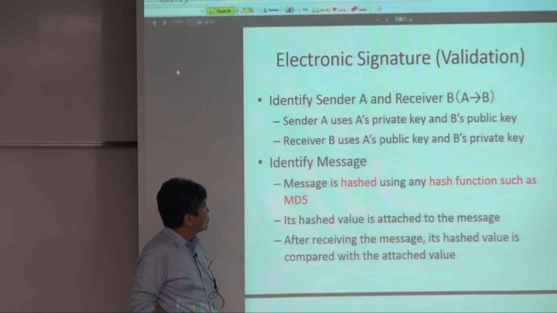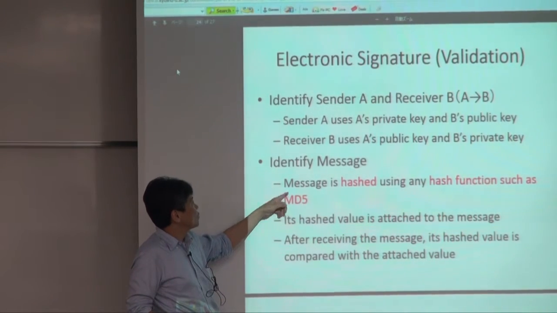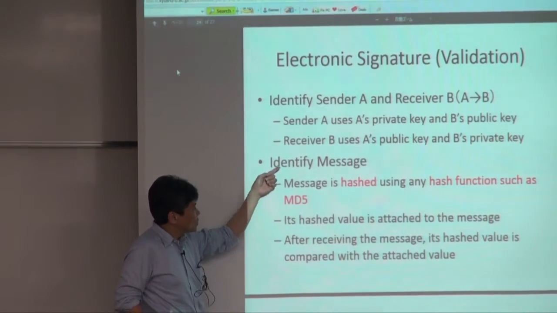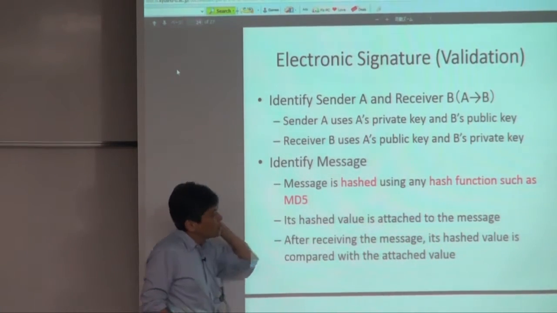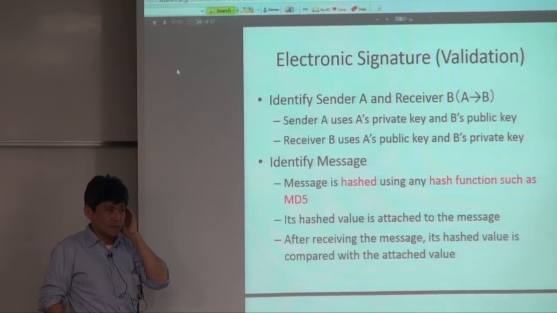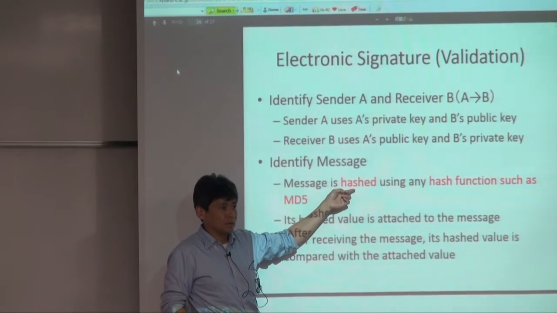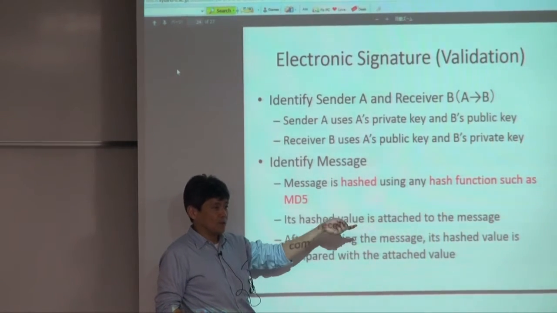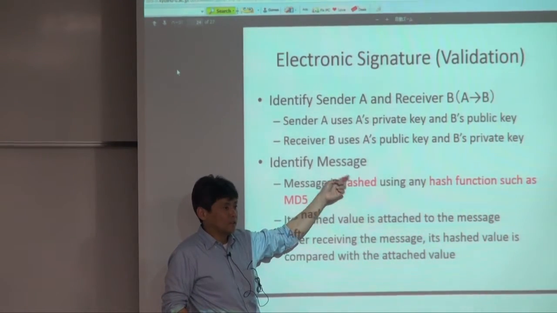And also for important messages, the system also has to identify whether such a message is valid or not. So in this case, a hash code function is usually used. The hash code is a feature number related to the content of the message. It is also a unique value. So by taking such a value, you can validate such a message. Okay?